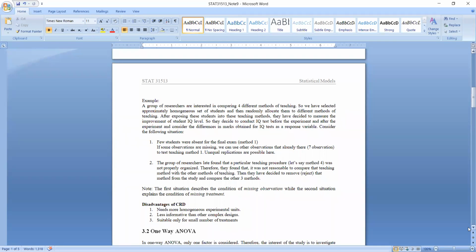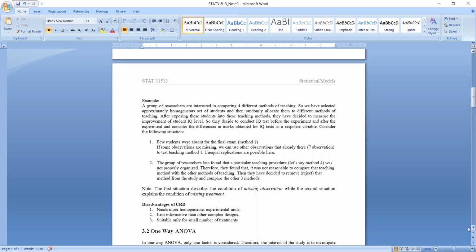So if you look at these 2 situations, in the first situation, some of the observations were missing because for some of the students, we didn't have their IQ level. So in that case, we have missing observations. And in the second case, one of the treatments is not properly organized. So in that case, we cannot talk about that treatment. So that is, one treatment is missing. So when you conduct these completely randomized designs, you can come across these types of situations.